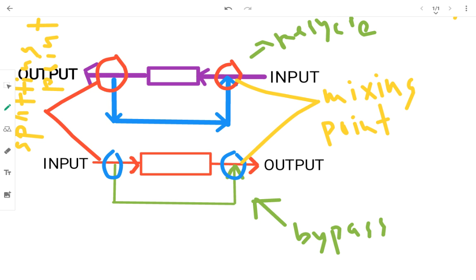So what are the advantages of recycle and bypass? For recycle, it can increase the conversion in chemical reactions, so it can react more to form more product. It can also recover catalyst, like sulfuric acid, which usually has a very high cost, so we can decrease the cost of the catalyst.